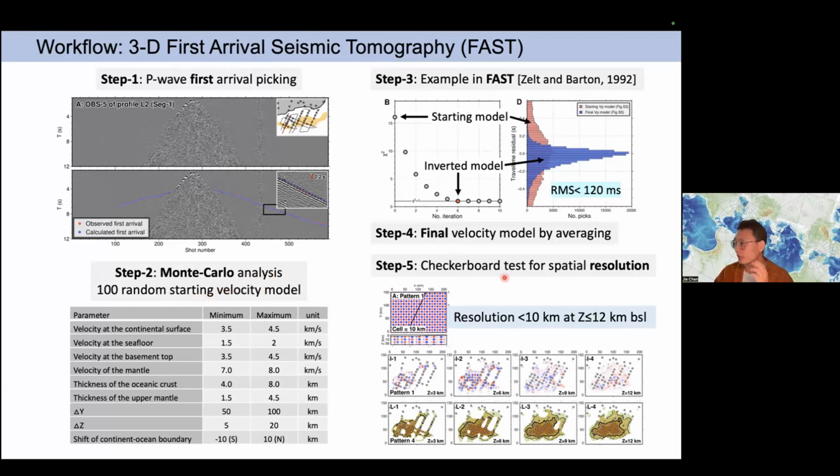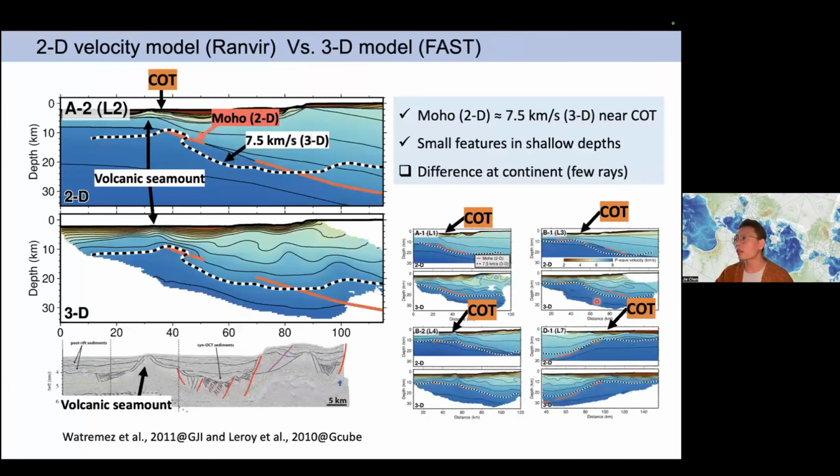Then I use the checkerboard test to calculate spatial resolution, which is less than 10 kilometers at about 12 kilometers below the seafloor. Before we go to the detailed results, we compare the previous 2D seismic profiles with our 3D model at the same position, for example this profile crossing the volcanic seamount.